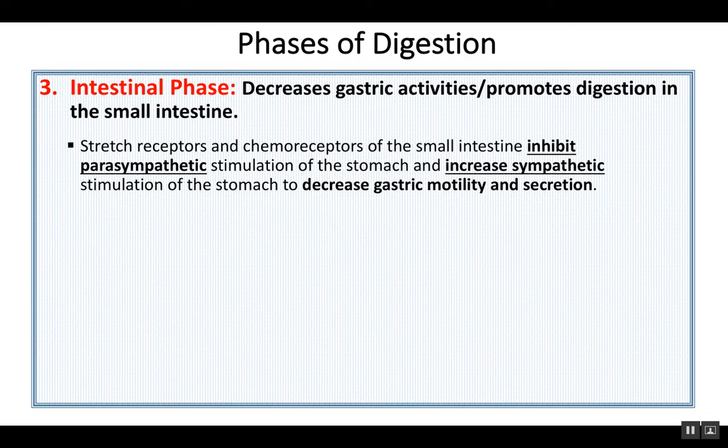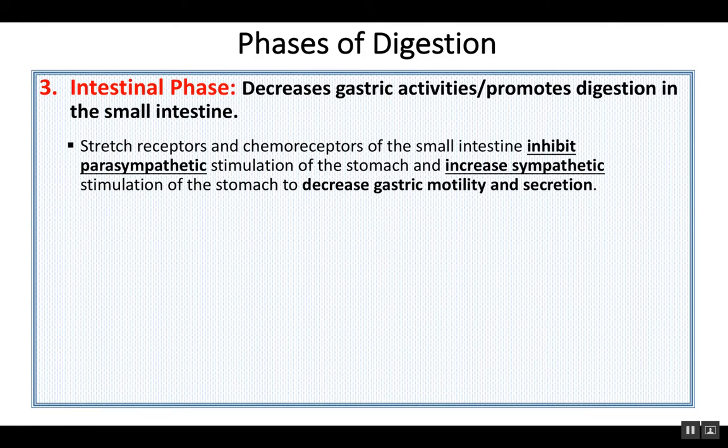The small intestine now will detect that there's contents in it by stretching, but also by detecting chemicals. The small intestine will inhibit the parasympathetic stimulation of the stomach. So the stomach is going to be turned down by inhibiting parasympathetic and increasing sympathetic stimulation of the stomach.